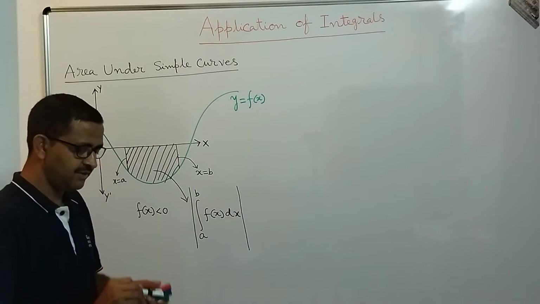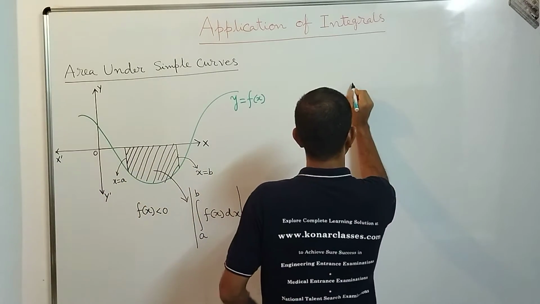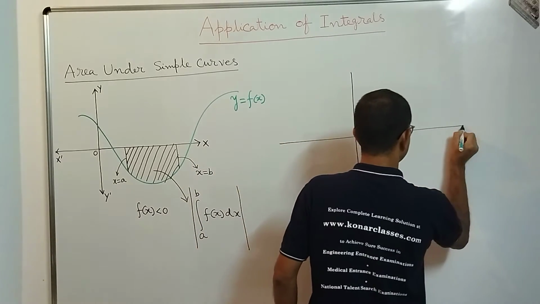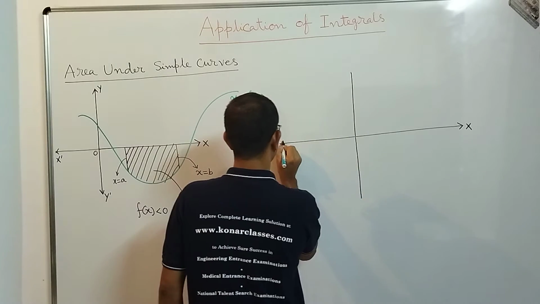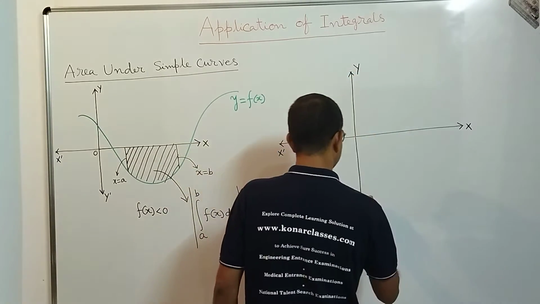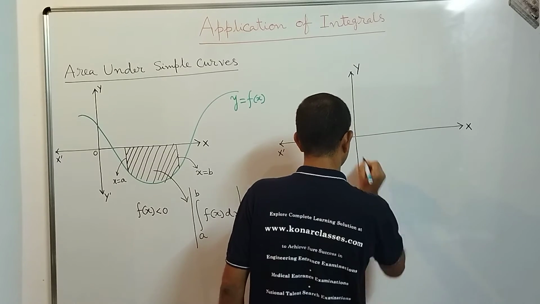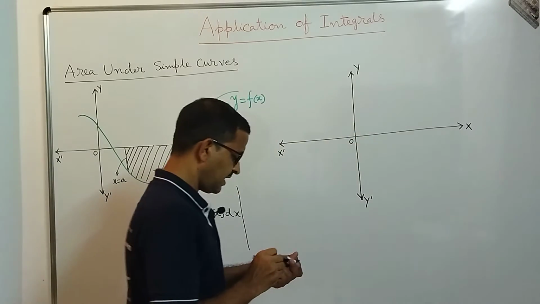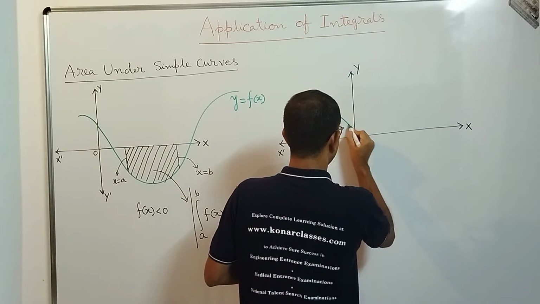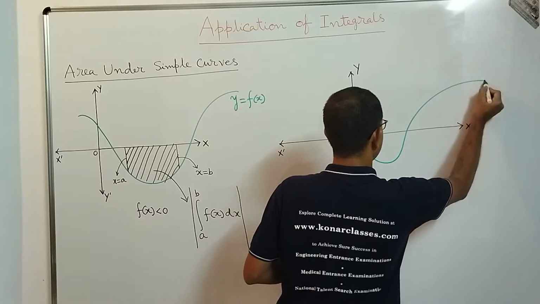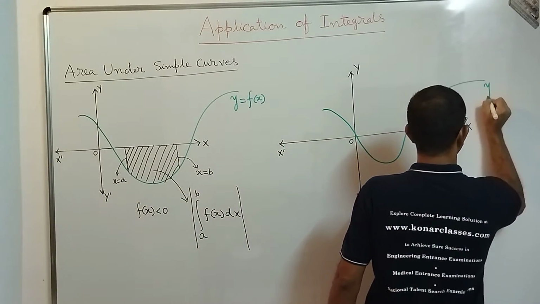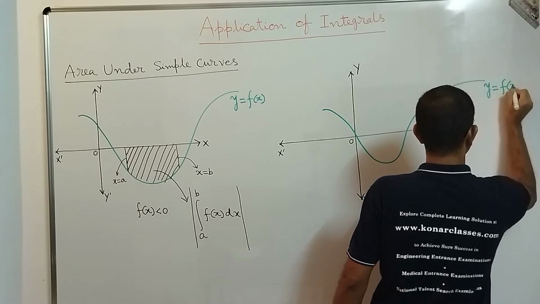And another case can be, let me draw the coordinate axes first. Positive direction of x-axis, negative direction of x-axis, positive direction of y-axis, negative direction of y-axis, origin. Suppose we have a curve something like this. The equation of this curve is y equal to f(x).